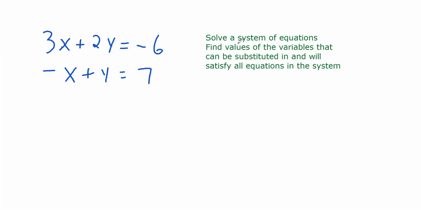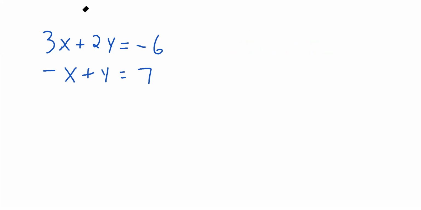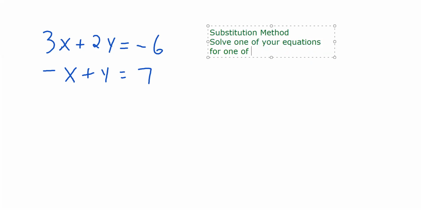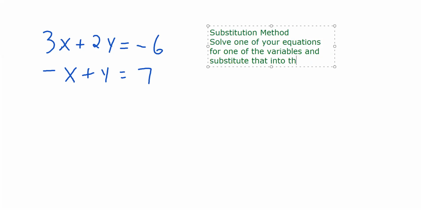So what we're going to look at, there's two primary methods. We're going to look at something called the substitution method here. You solve one of your equations for one of the variables and substitute that into the other equation.